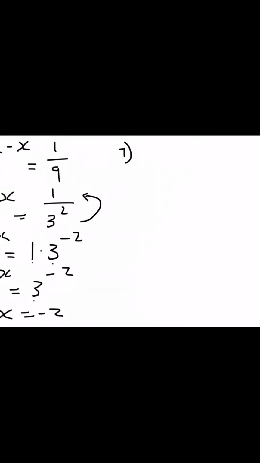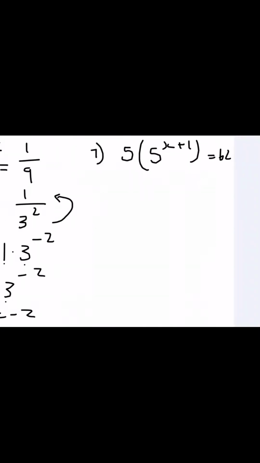Problem number 7. For problem number 7, you've got 5, and then let's say 5 to the exponent of x plus 1, and this is being equated to 625. Okay, first step, I want to remove that 5. That's why I'll divide both sides by that 5 so that it cancels, and then I remain with 5 to the exponent of that being equal to 625 divided by 5.